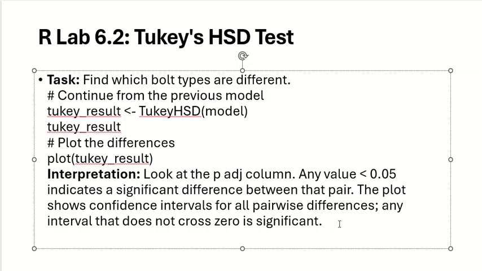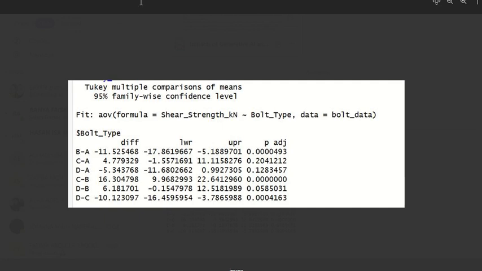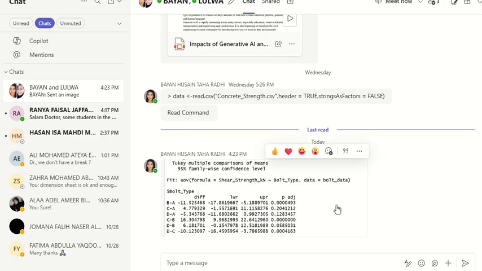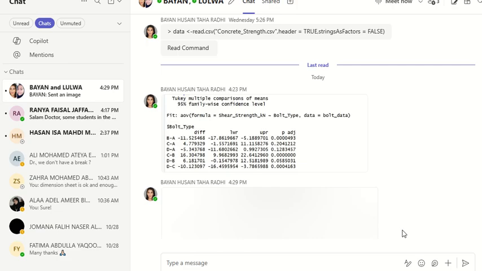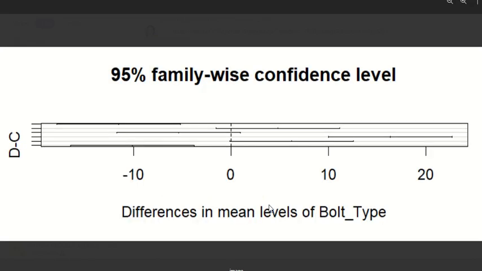It shows the 95% differences between levels of D and C. Maybe something to do with the plot size.